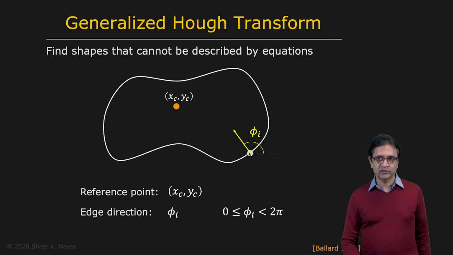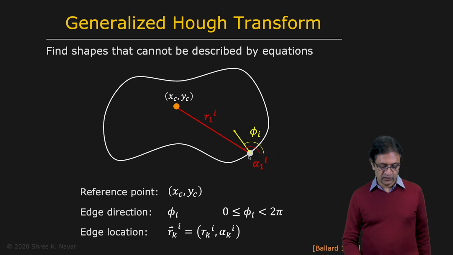And now we're going to represent this point, again, all this is offline, with respect to the reference point xc, yc. And we can do that using two numbers. We'll do that using the vector r. And r has two numbers. One is the length r, the distance between xc, yc and the point. And the second is the angle that that line makes with respect to the horizontal axis, which is alpha.